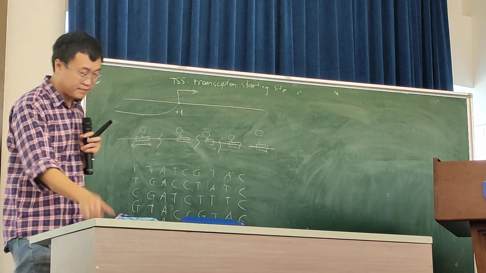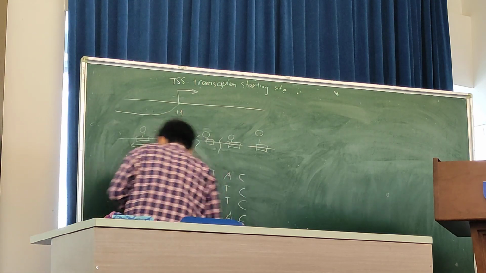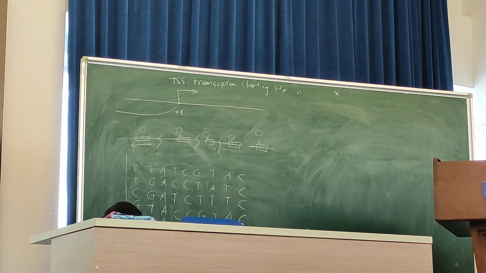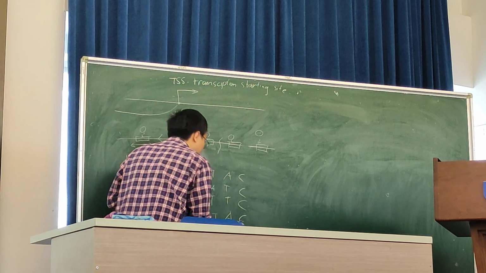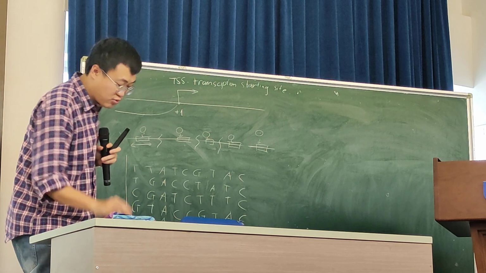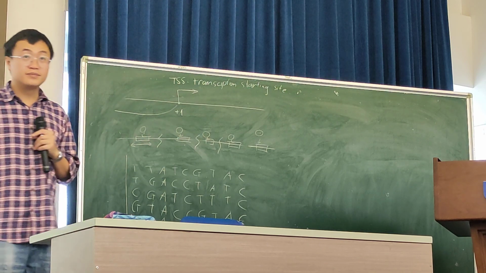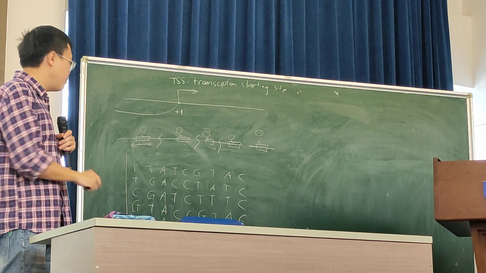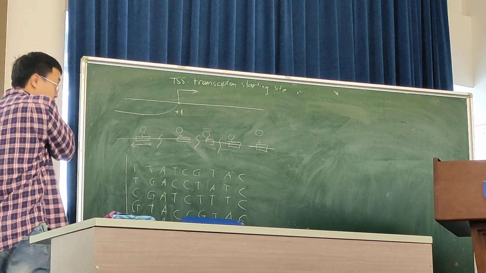So we see that in 100% of the sequences, the position of this one is A, this one is C, and this one is C. So that means that if one of these three positions changes, the transcription factor will not bind to the promoter. Okay, so these three nucleotides could be key positions for the transcription factor.